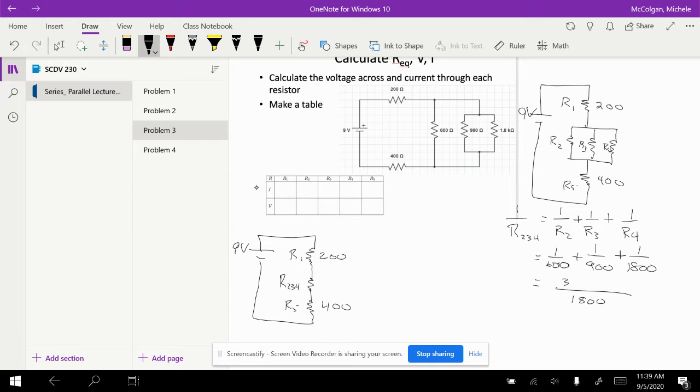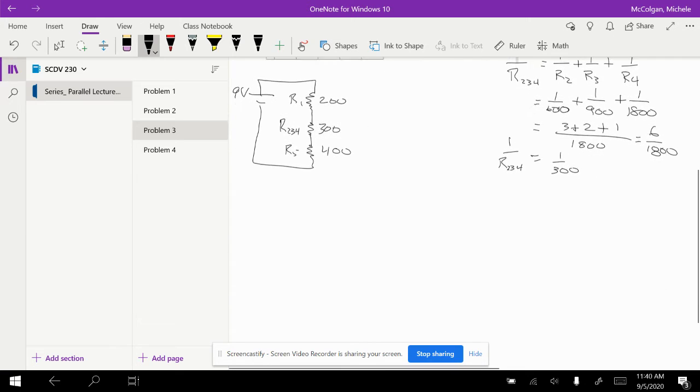I have to multiply this by 3 to convert this to a denominator of 1800, plus 2 to convert that to a denominator of 1800, plus 1. So I'm going to get 6 over 1800. And so that then is 1 over 300. So I can see here that my R234 is 300. And so there I have my voltage divider, nice and easy.